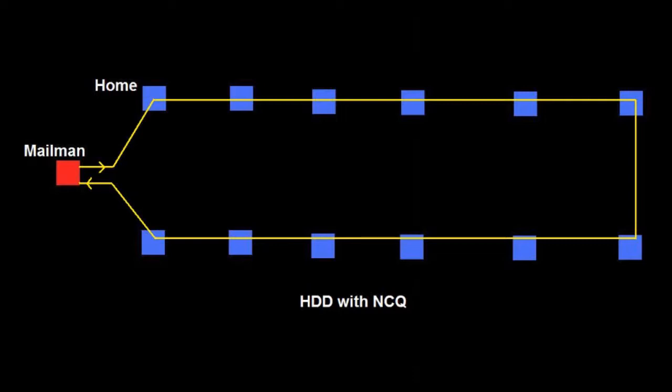Now, this helps a lot. This increases performance. It also expands the life of the drive. So when you purchase a new hard drive, check to see if it allows native command queuing.